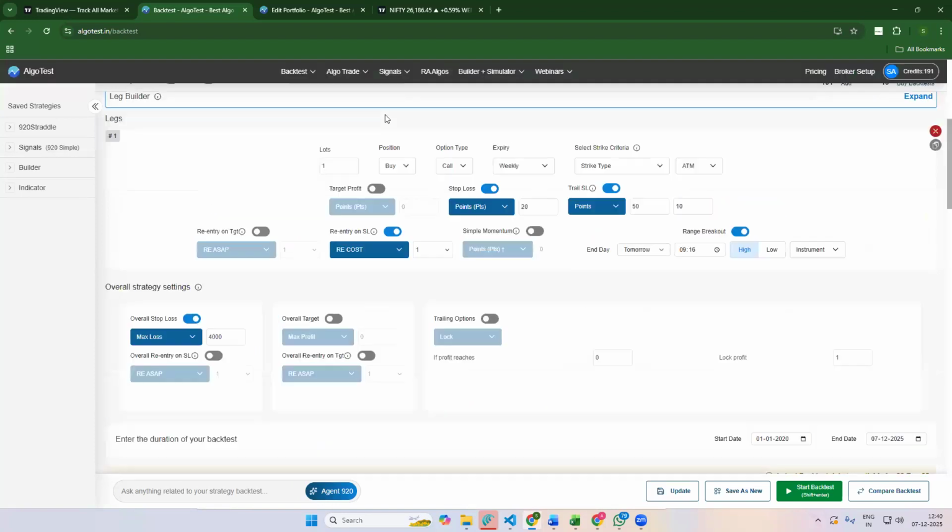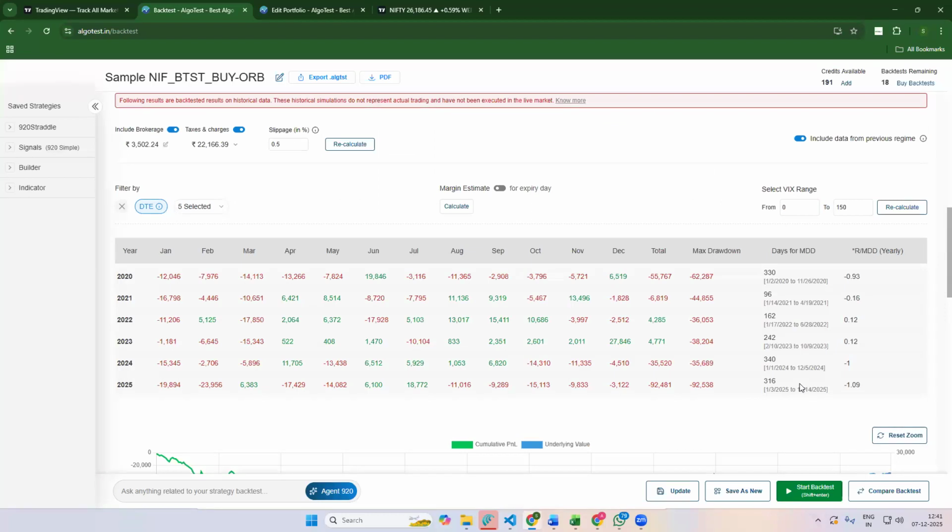Let us see how this strategy will do if I'm selling puts. Oh, this strategy is very bad when I'm selling the puts.